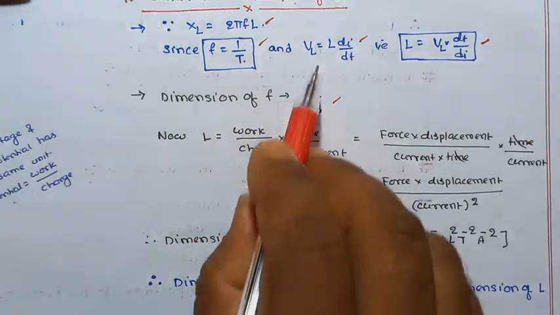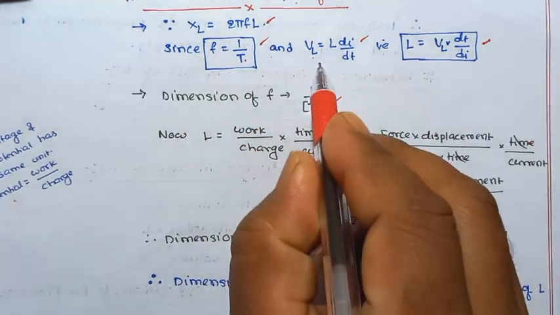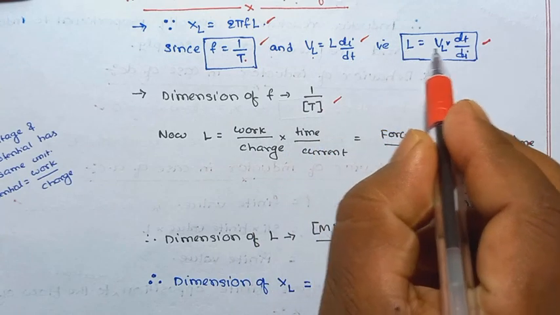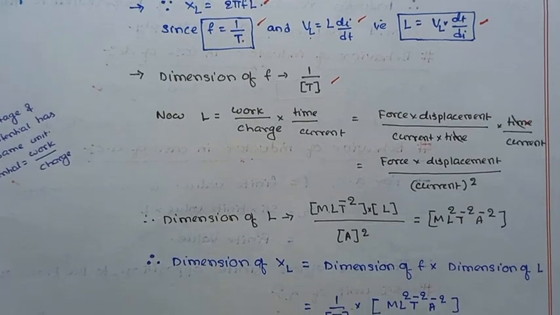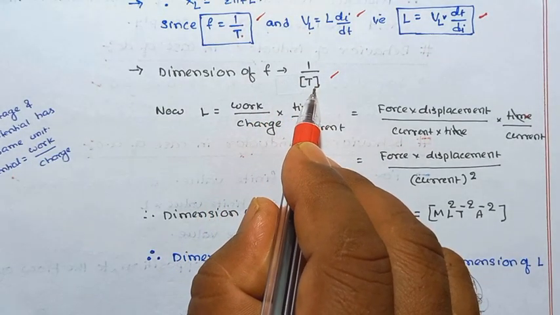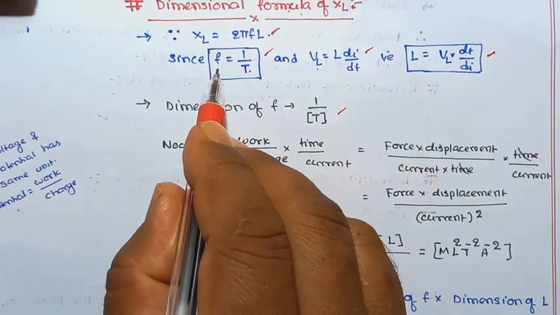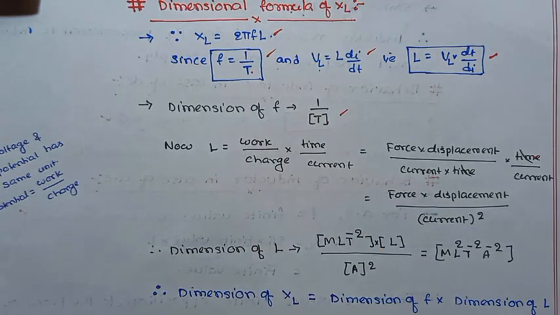Here VL is the induced EMF in L. So from this relation we get L is equal to VL into dt by di. So the dimension of F is 1 by T.